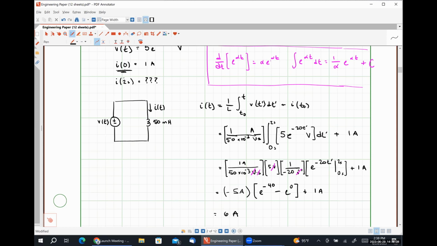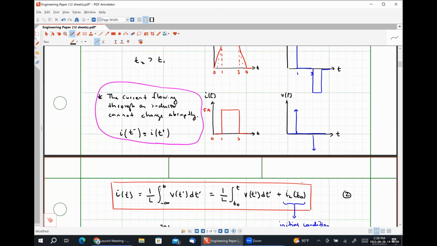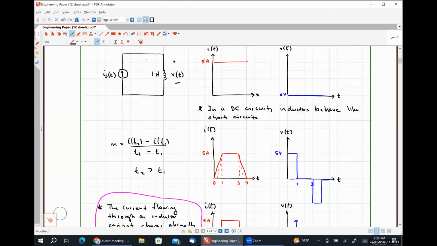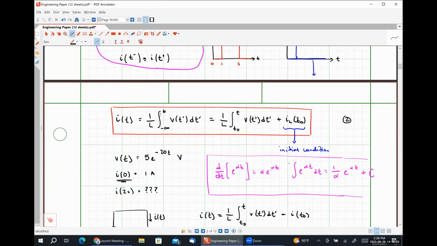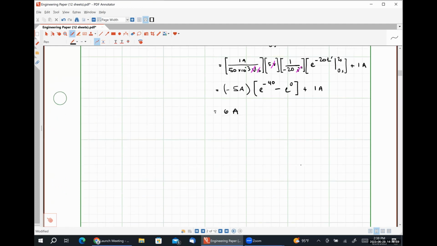Okay, so let me scroll back up here and let's recap what we've talked about thus far. So we have an equation that gives us voltage when we know current. Now we have an equation that gives us current when we know voltage. So the next quantity that I want to look at is power.